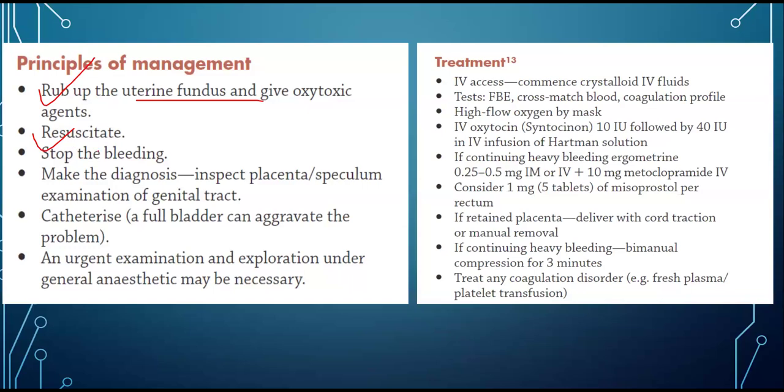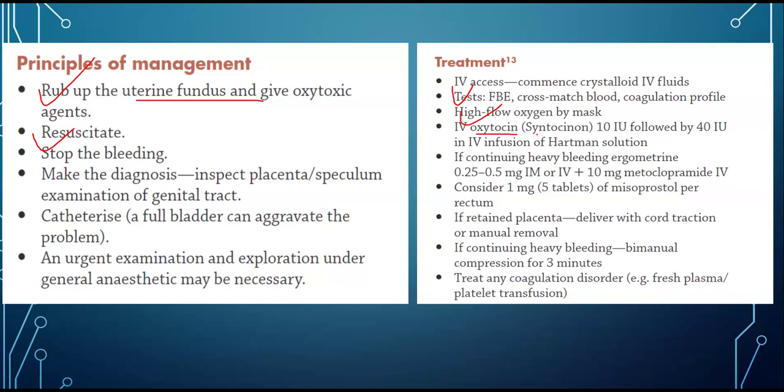During that time, what else would you do? You look at the placenta to see if it is complete or if there is a possibility of a retained placenta. You can also check very quickly the perineal area and episiotomy to make sure no bleeding is coming from there.